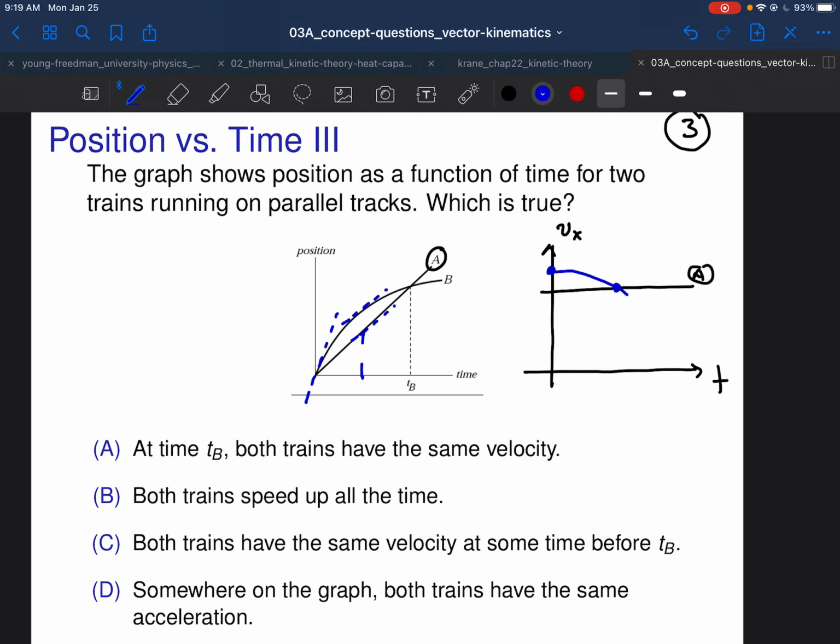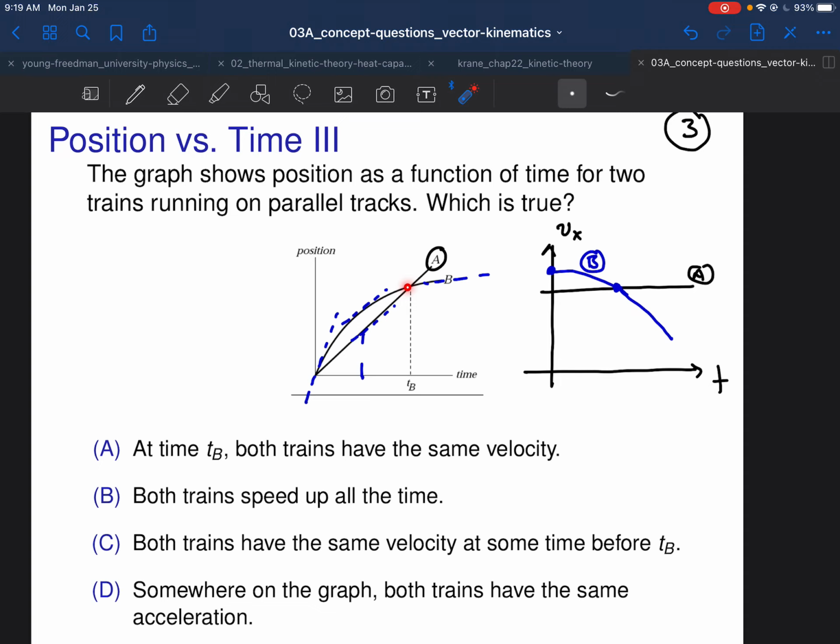So at some moment, the value of the velocity of B is equal to the velocity of A. And then at the last moment, that slope is definitely smaller than the slope of A. So it's going to look like this. Okay, does that help us?